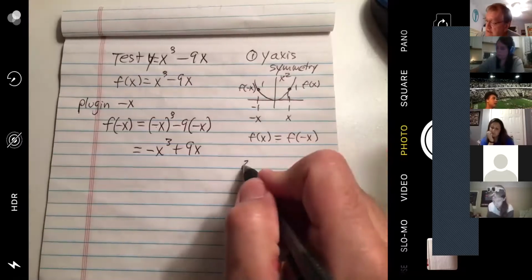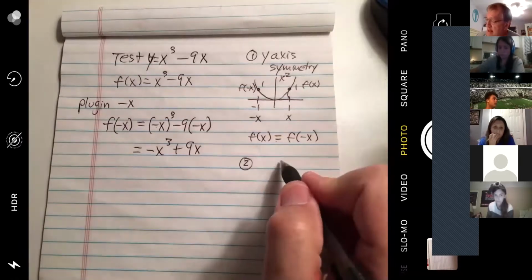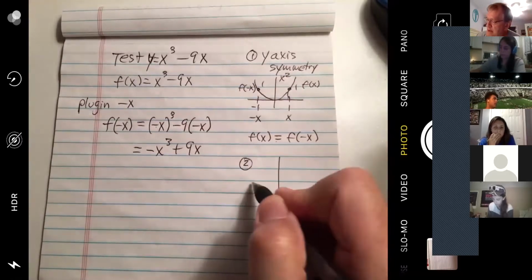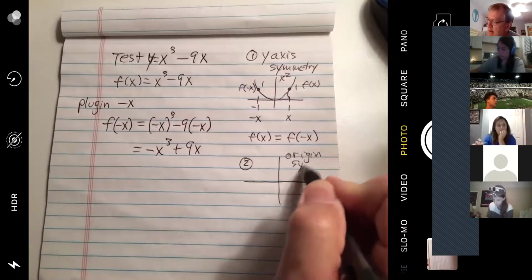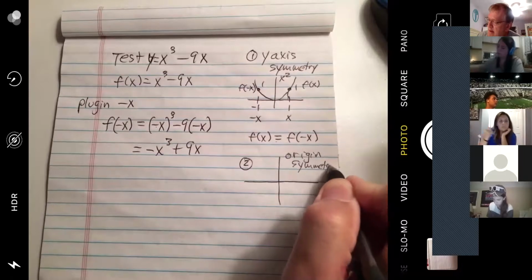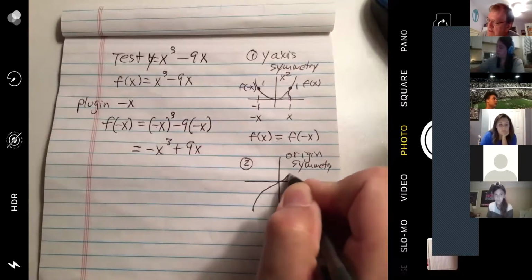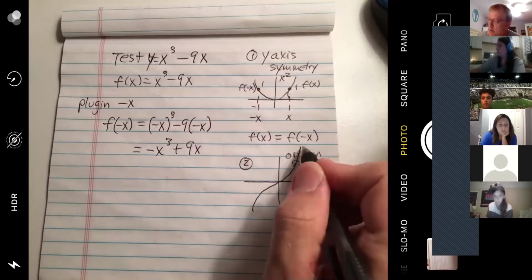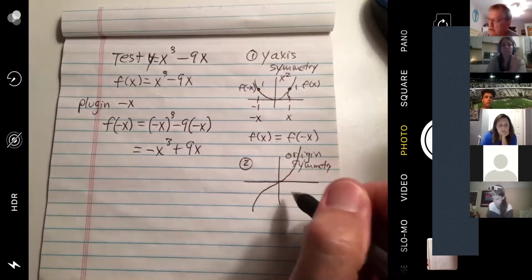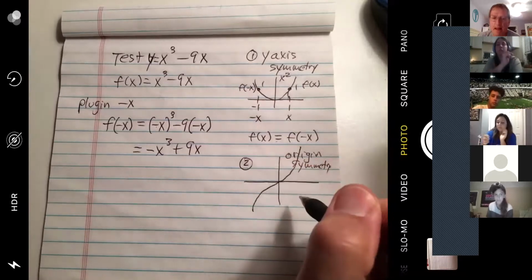So the second case of symmetry is called origin symmetry. The graph kind of looks like this. It goes through the origin, either up on the right and down on the left, or vice versa. You could actually do this.